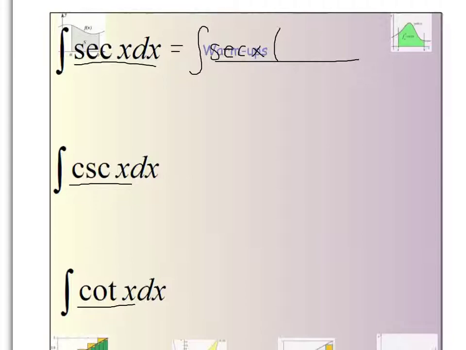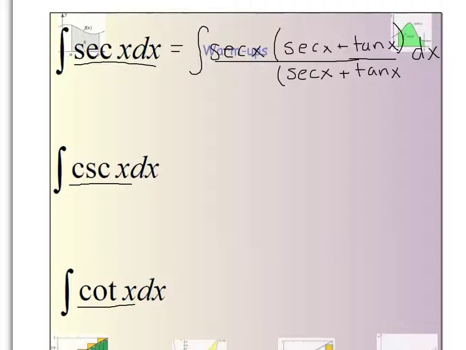So I'm going to say that secant of x times secant of x plus tangent of x over secant of x plus tangent of x. I'll let you look at that for a minute and decide why that might be helpful.